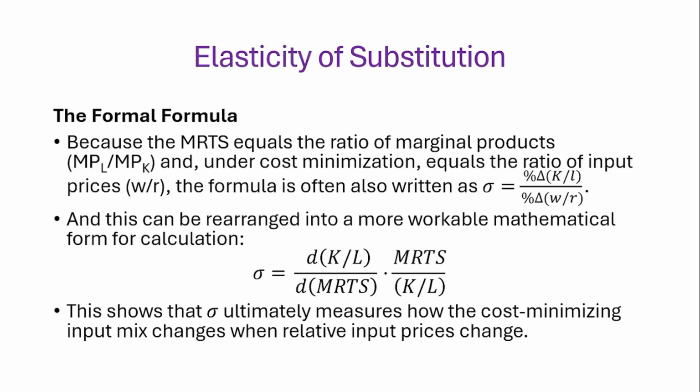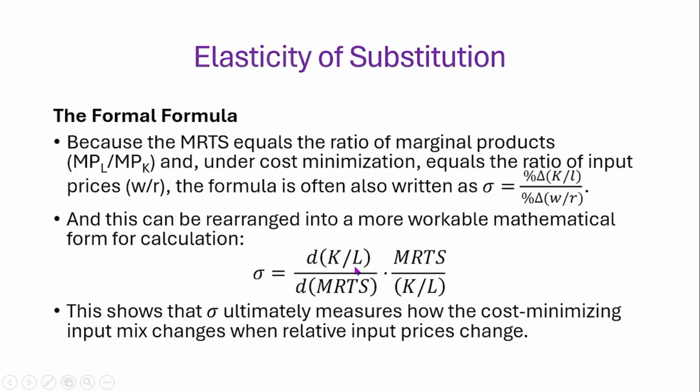Okay, and how can we determine the elasticity of substitution? In general, sigma is the percentage change in the capital-labor ratio divided by the percentage change in wage and rent. Wage means the cost of labor, and rent means the cost of capital.